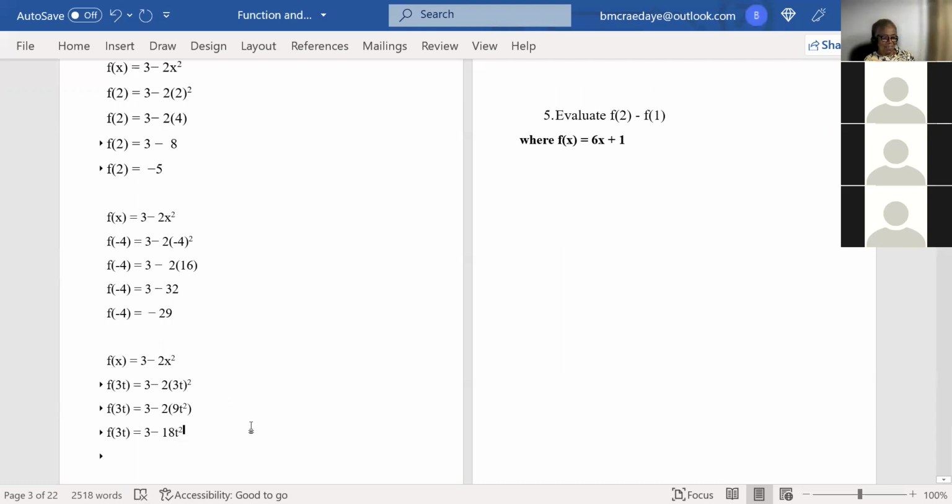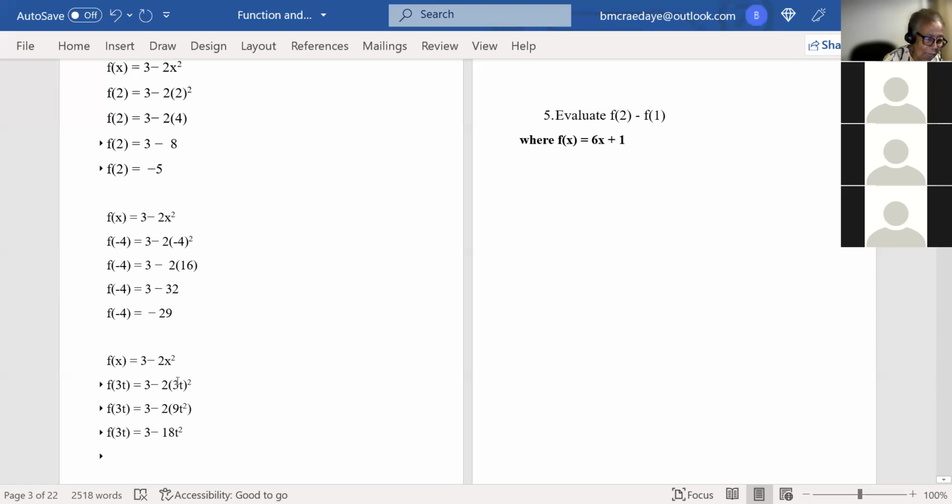This one I didn't get. Well, I said f of 3T. So wherever you see an X, you're going to put a 3T. So that's 2X squared becoming 2 times 3T squared. 3T substituted for the X. Got it? Questions? Substitute for X, 3T.